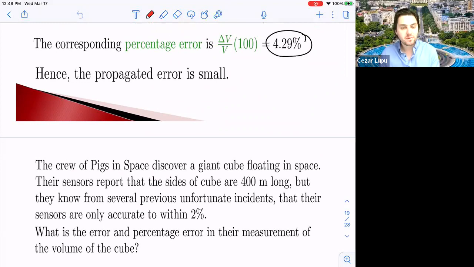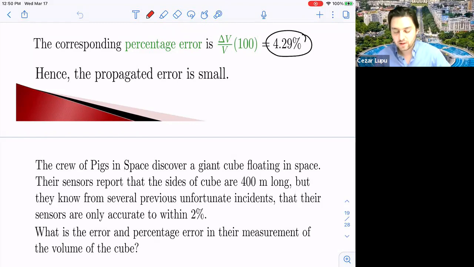Their sensors report that the sides of the cube are 400 meters long, but they know from several previous unfortunate incidents that their sensors are only accurate within 2%. What is the error and the percentage error in their measurement of the volume of the cube?